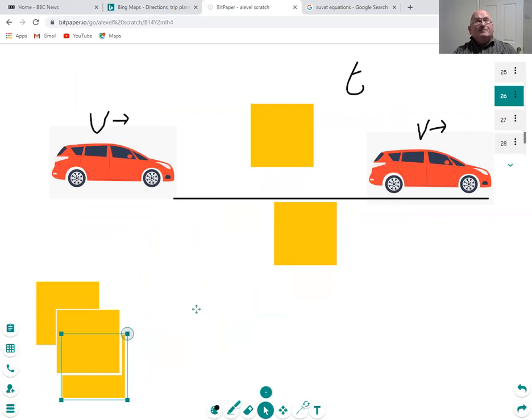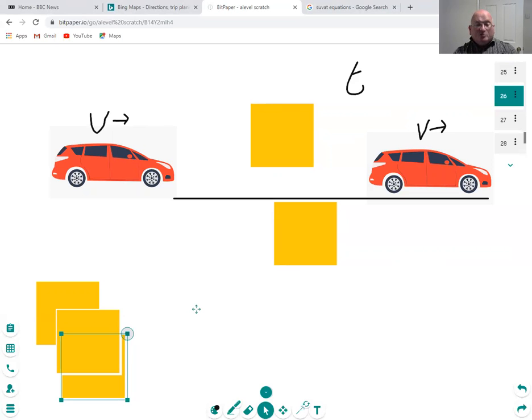Speed hasn't got a direction to it. So if I drive my car down the road at 30 miles an hour, and then turn left and keep on driving at 30 miles an hour, my speed is the same, but my velocity has changed because I'm moving in a different direction. But for most of these Suvat examples, we're talking about motion in one direction, but we're going to use the term velocity.